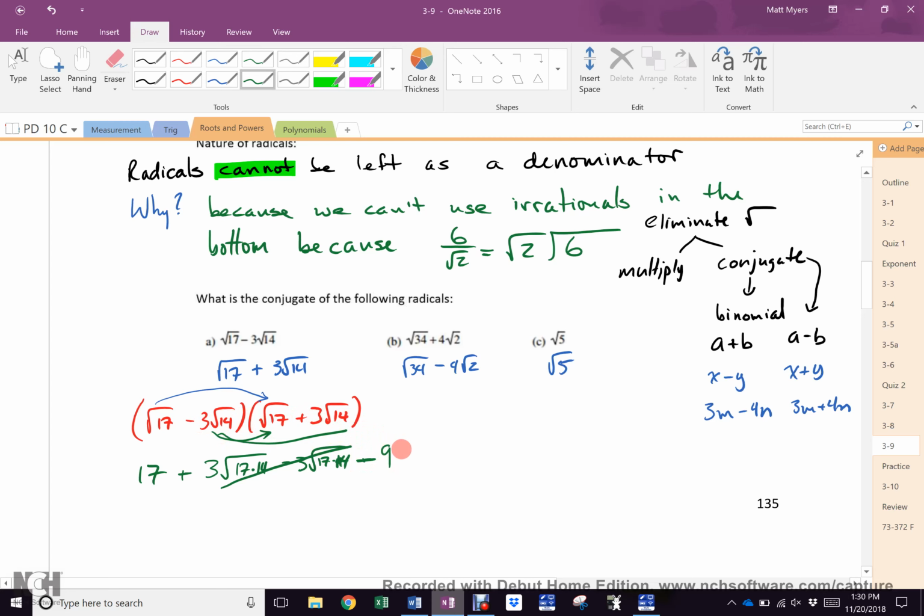Root 14 times root 14 is 14. 9 times 14 is 126. 17 minus 126. And now, all of a sudden, I have negative 109. So if this was a fraction, that wouldn't be allowed. But if I multiplied by that, I get that as a denominator. Okay? So, if I multiply, I'm going to show you why. Don't worry.